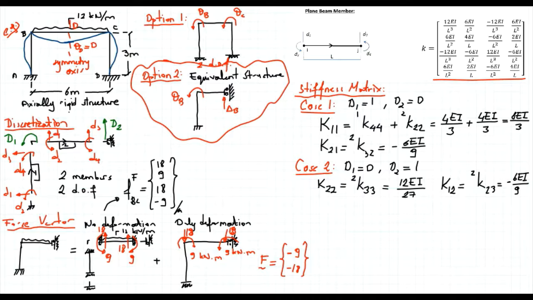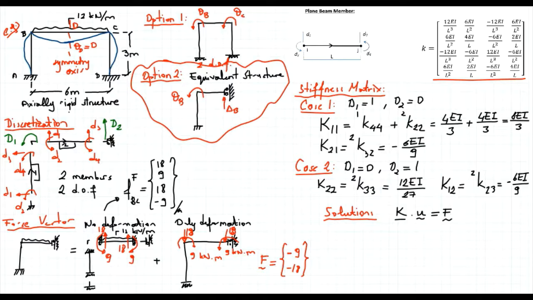Now we can do the solution. Now I have to write down the equilibrium equations. Remember that equilibrium equations are written in the following form. The structural stiffness matrix multiplied with the unknown degrees of freedom should give me the unbalanced forces. That's the equilibrium condition.